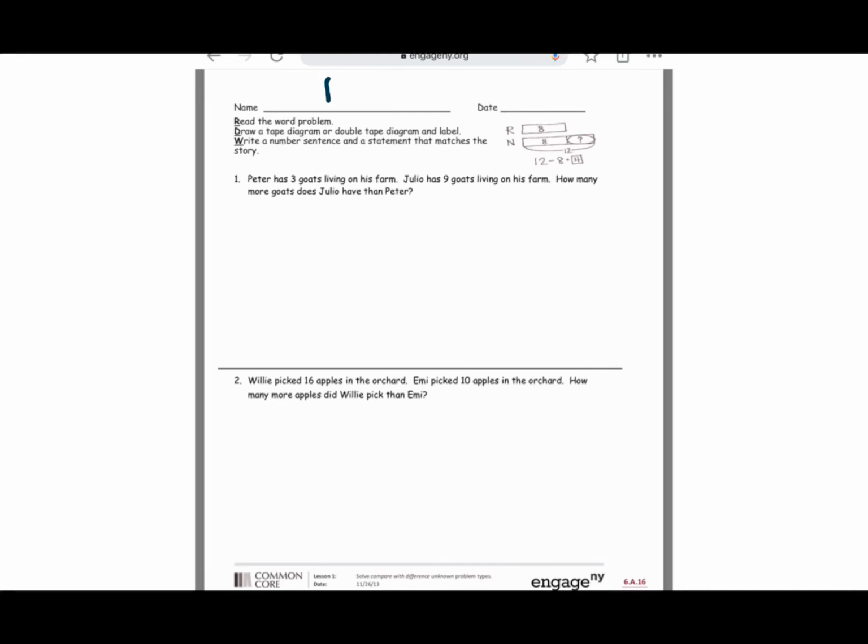Today, boys and girls, we're going to practice tape diagrams. We've done tape diagrams in the past. We're going to read a story or the word problem. Then we're going to draw a tape diagram or a double tape diagram, and we're going to label. Then we're going to write a number sentence and a statement that matches the story.